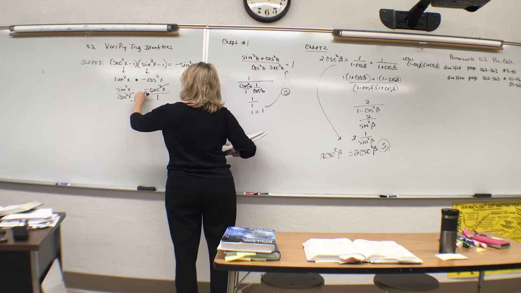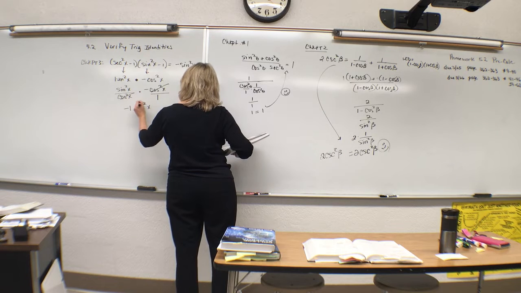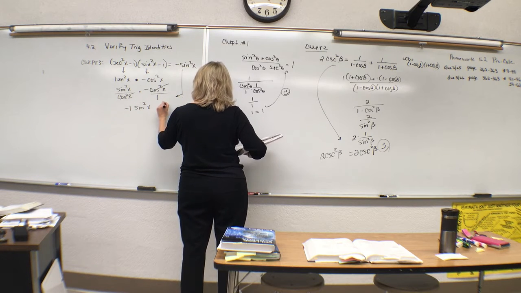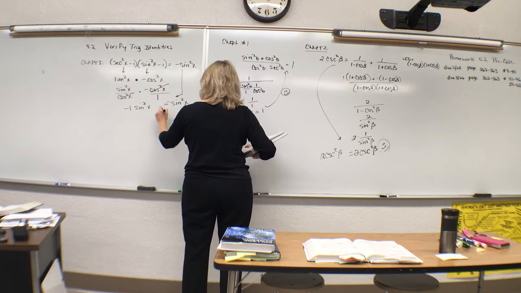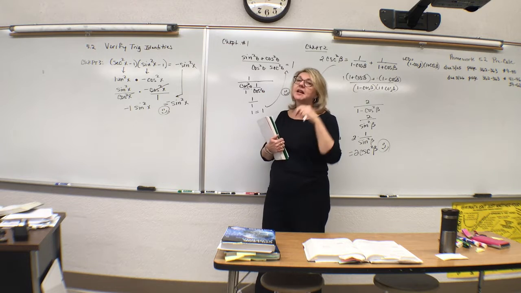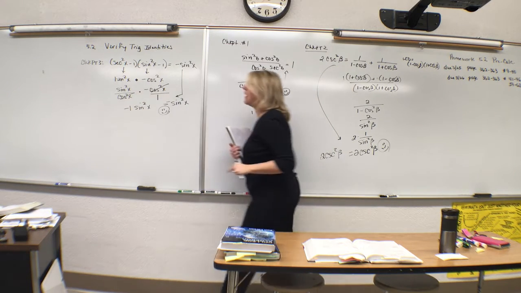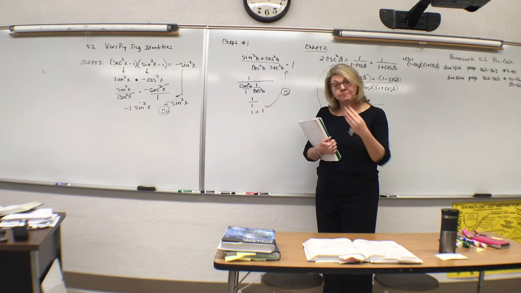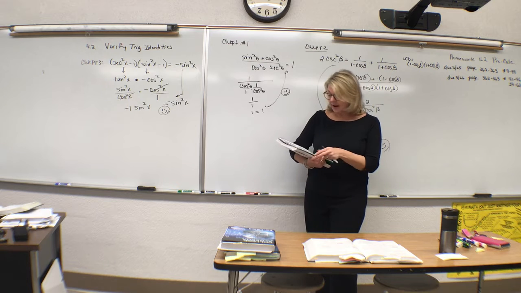We have a negative 1, and we have a sine squared x, which is exactly what we had on the right. So again, we've verified the truth value of the statement using multiple equivalencies of the Pythagorean identities. The left far more complicated than the right, so that's where we started our work.